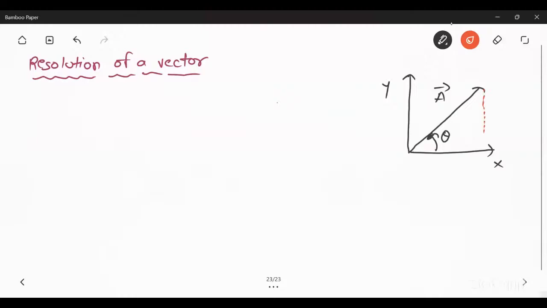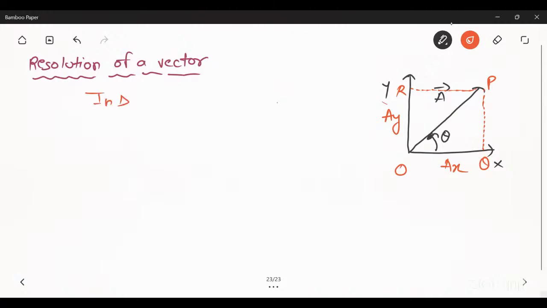I am constructing this side. Now give names to these points: O, P, Q, R. That component is AX and that component is AY.